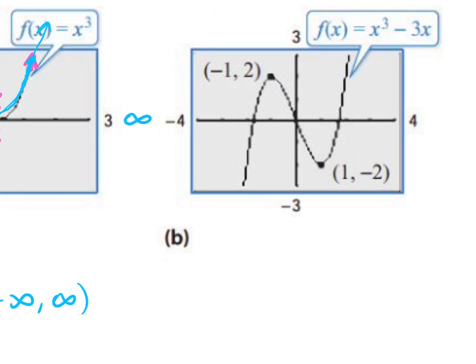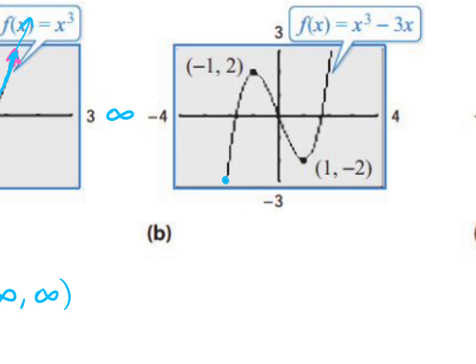Let's do the same thing with B. So I'm going to pretend that these are closed circles here. So we start on the left side of our graph. Would I be walking uphill or downhill? Uphill. I'm walking uphill starting. I'm also going to add tick marks here so we can kind of see values.